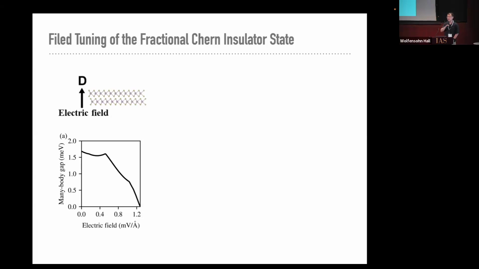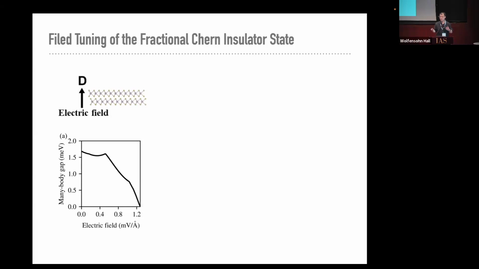So this becomes an extremely useful tuning knob. As we increase the gate voltage, the many-body gap will gradually go down, and at roughly 1.2 millivolts per angstrom, the gap will close. So the 2/3 FCI state has been completely destroyed.